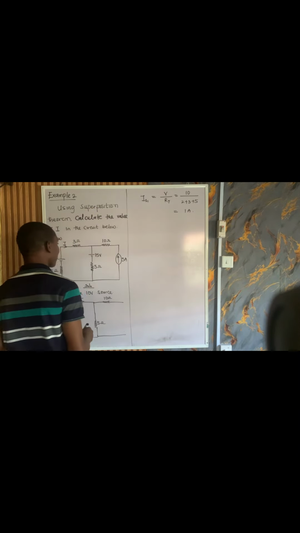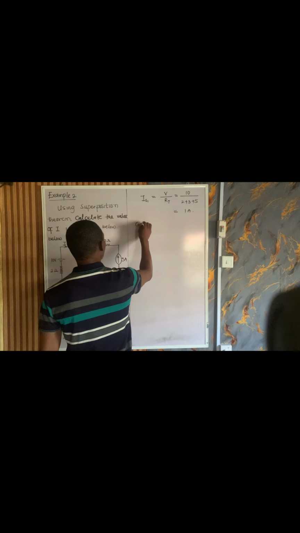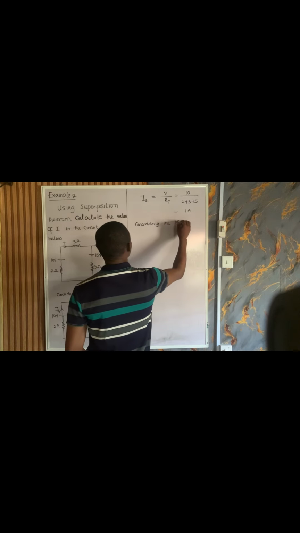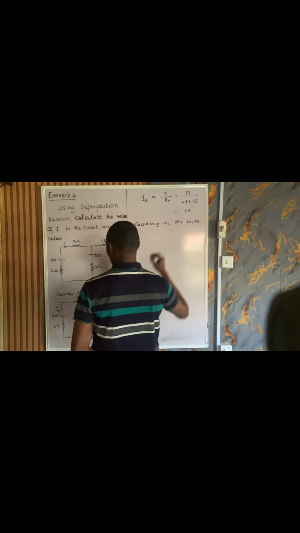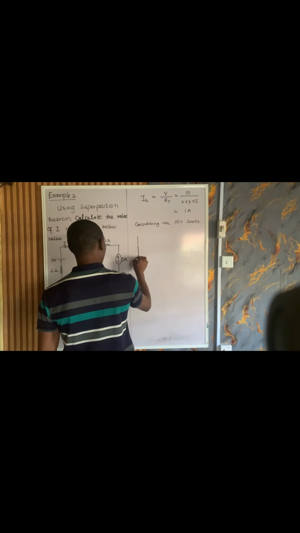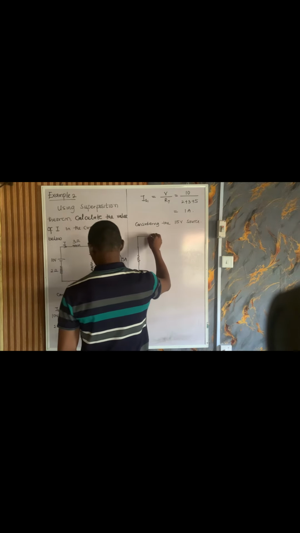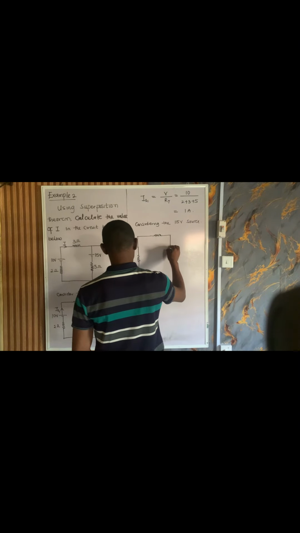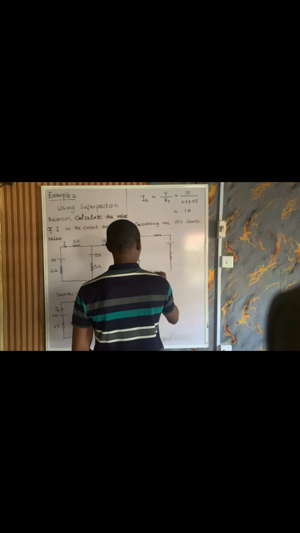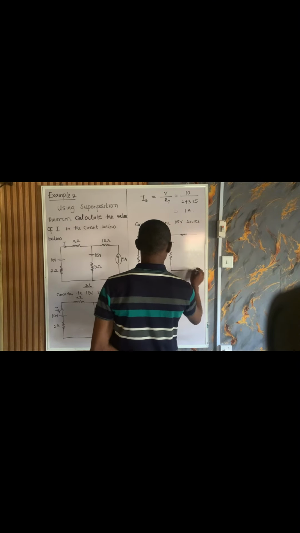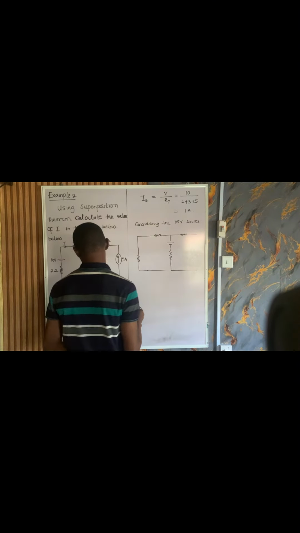The next one now is to consider the 15 volt source. Considering the 15 volt source, that will be removing the 10 volt source now, and then the 3 ohm, the 15 volt source, and then the 5 ohm with the 10 ohm, with the current source still open circuited.